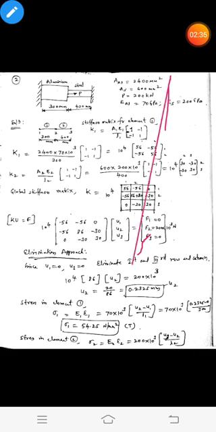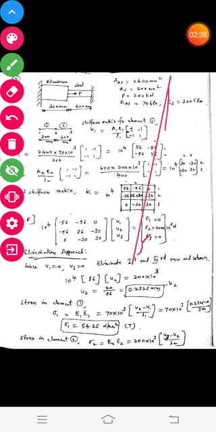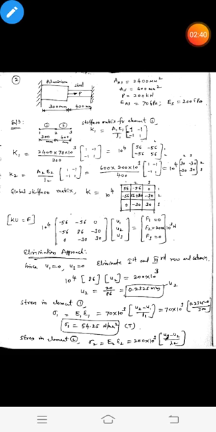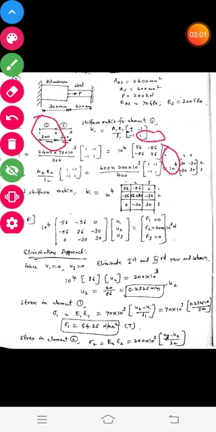Write 10⁻⁴ outside and 56 will be inside. Now write the DOF numbers for reference. That is element number 1 having the DOF numbers 1, 2. You write for reference, that is 1, 2, 1, 2, that is row and column.